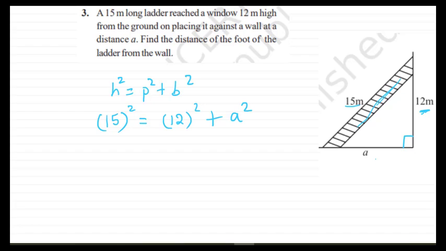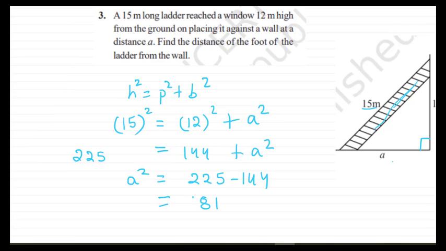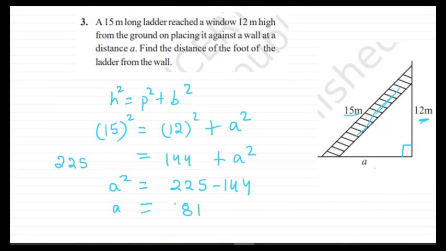So here you know that 15 square is 225, then 12 square is 144 plus A square. So here your A square will come out 225 minus 144. So here you will get 81. So A square came 81.